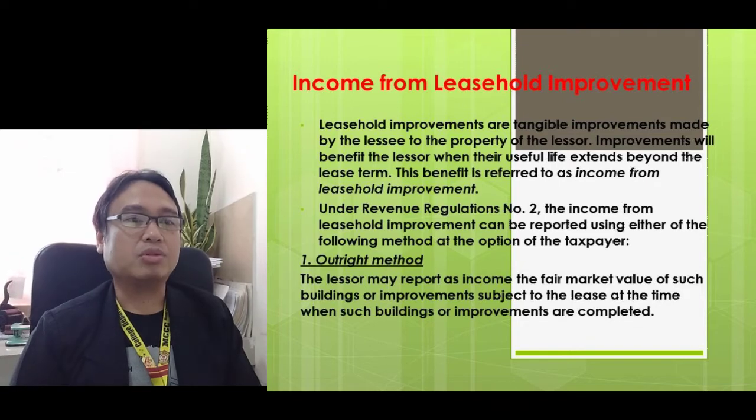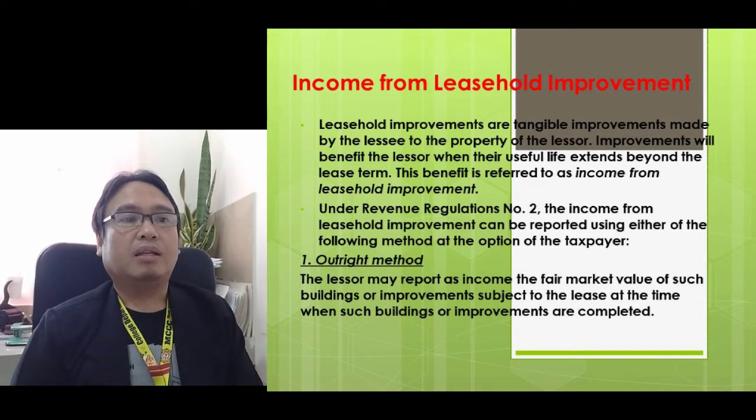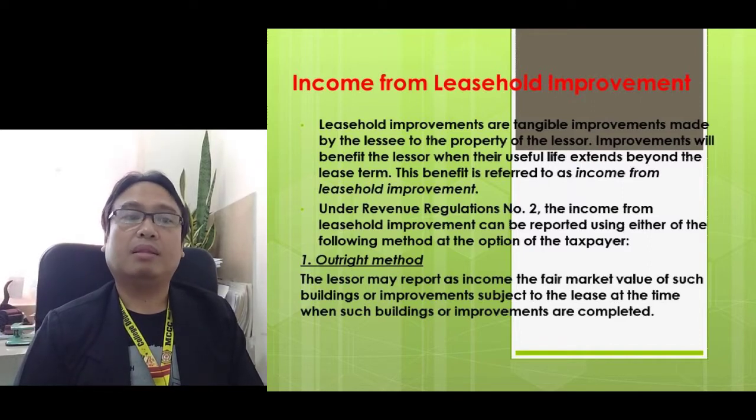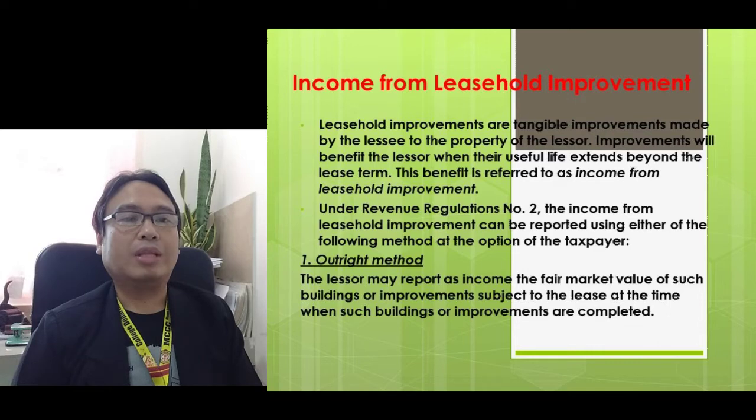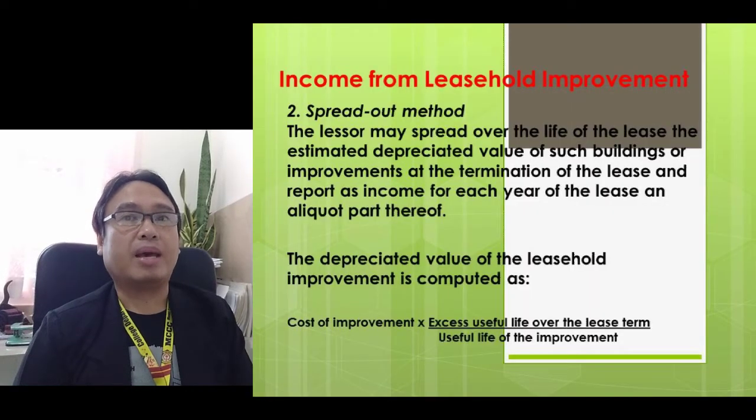Number 1 is the outright method. The lessor may report as income the fair market value of such buildings or improvements subject to the lease at the time when such buildings or improvements are completed. Number 2, spread out method.